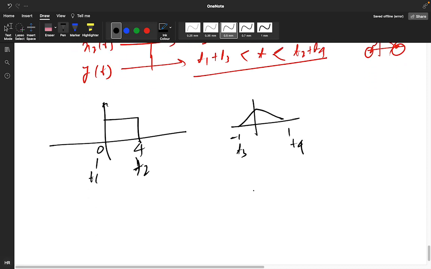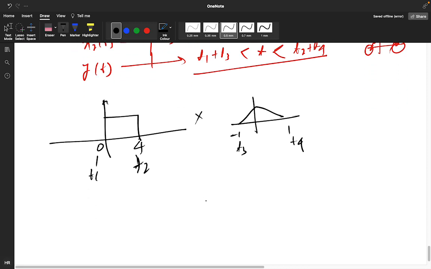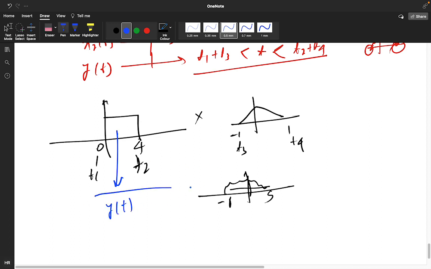After convoluting this, I will get a signal where 0 and minus 1 get added, so minus 1, and 4 plus 1, so 5. The signal will lie between minus 1 and 5. So this particular y of t will lie between minus 1 comma 5.